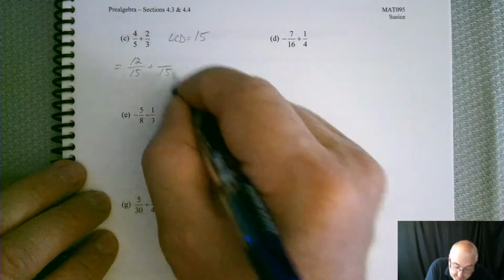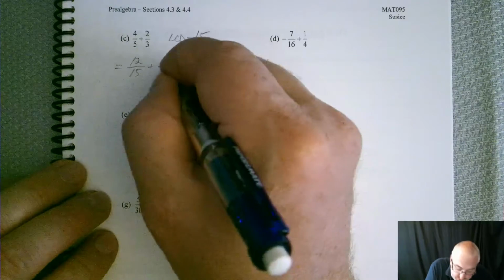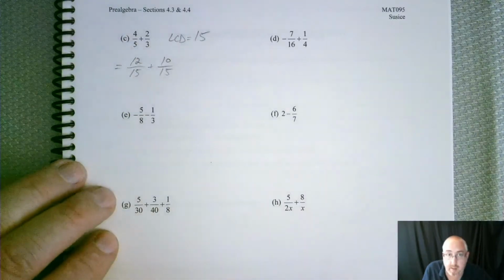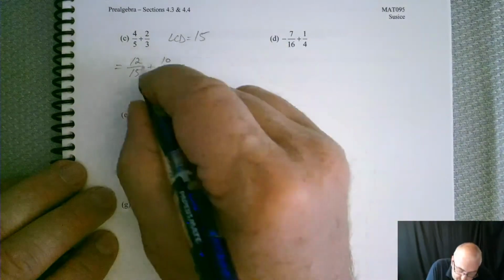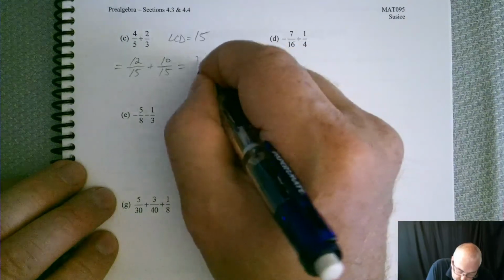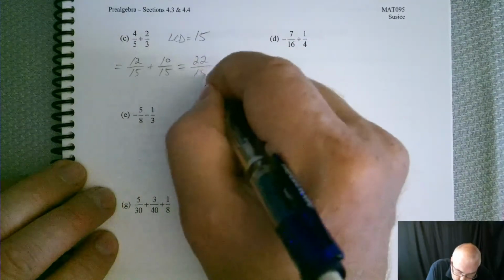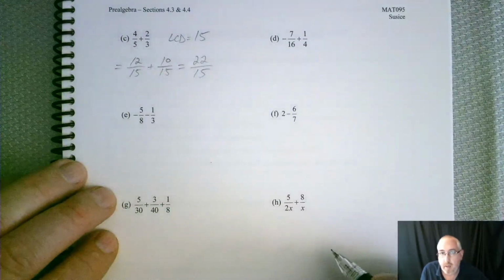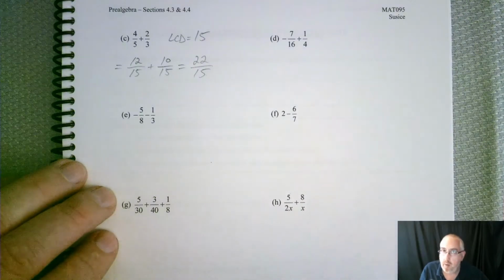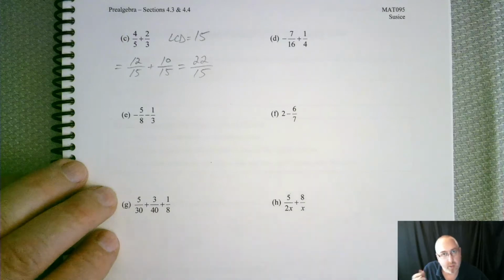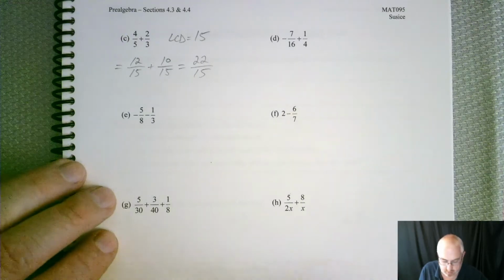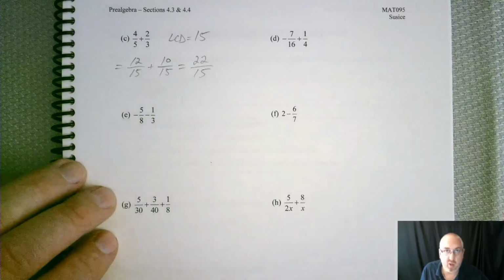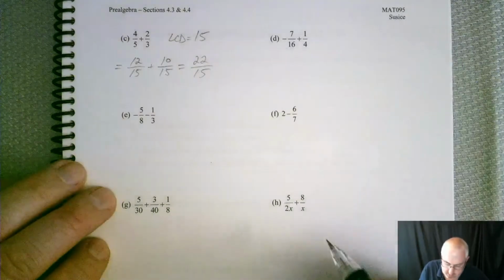Times it by 5, which will give you a 10. So in this case, you're gonna get 10 and 12 is 22 over 15. Now, again, we haven't learned about fixing these improper fractions where the top's bigger than the bottom, but we're going to see that in upcoming videos. So for now, let's leave it alone. All right, let's keep going.